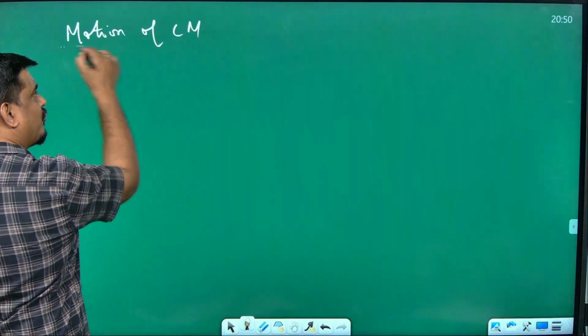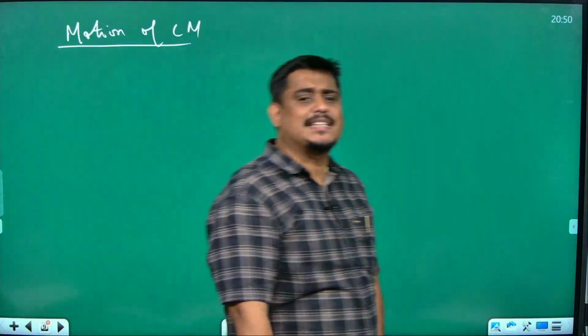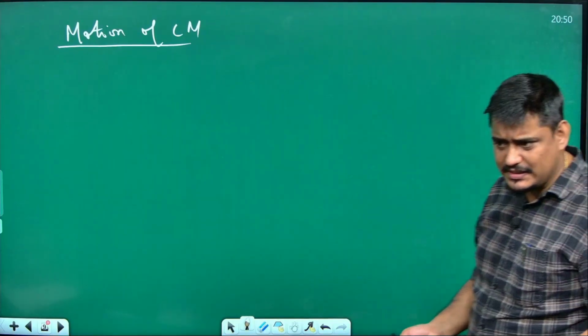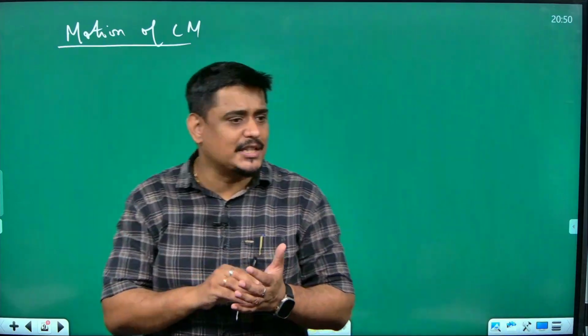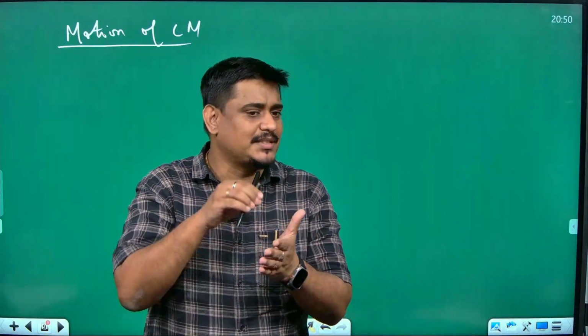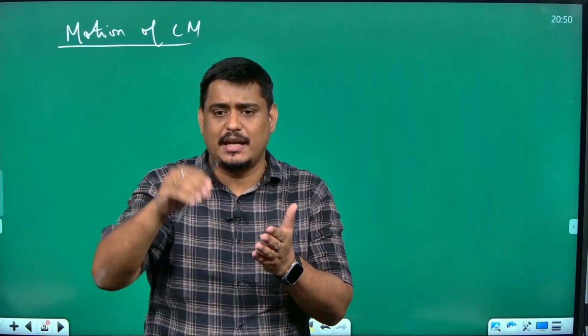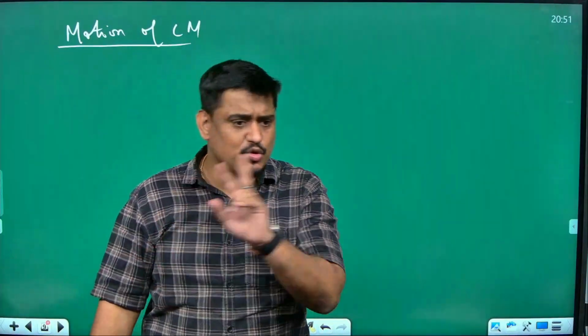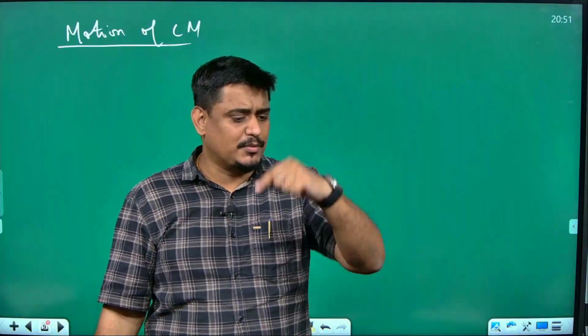I spoke about center of mass to you. Center of mass can be found by the formula m1 r1 vector plus m2 r2 vector by m1 plus m2, and so on. I talked about this, right? If you want to find the center of mass for a given object, the center of mass location is m1 r1 vector plus m2 r2 vector plus m3 r3 vector up to mn rn vector by m1 plus m2 plus m3 plus m4, like that. If it is a two body system, m1 r1 vector plus m2 r2 vector by m1 plus m2.